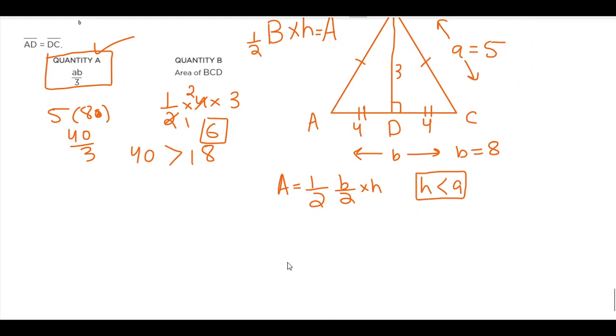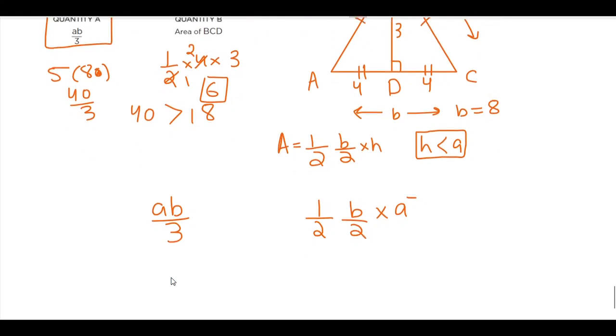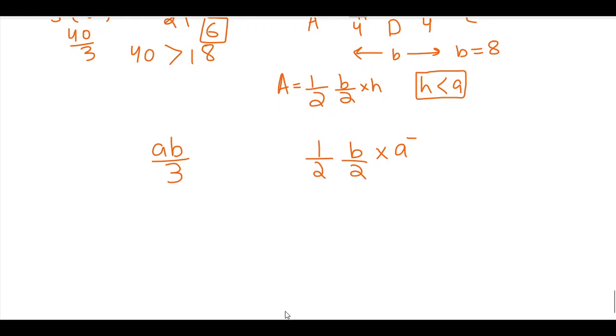Okay, I see what you're doing. That's really clever, by the way. So you're basically saying this is half, and this is B by 2, and let's represent the height in the form of A, a little less than A. So I've dropped a little negative sign here, and over here I have A times B over 3. If I do some simplification, negative a small value from A times AB over 4, and over here it's AB over 3.